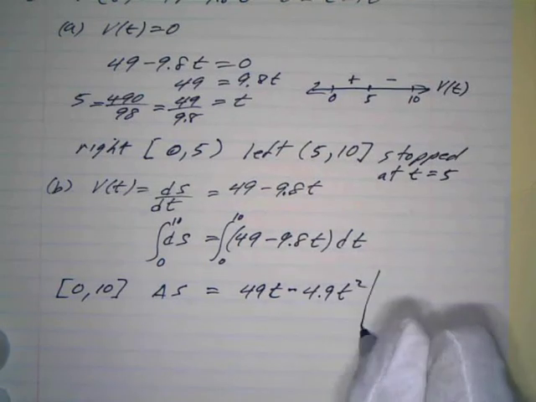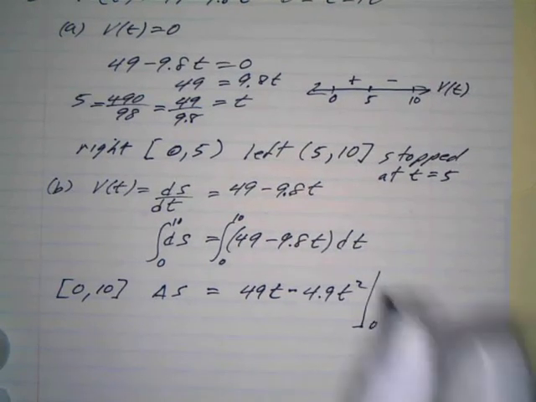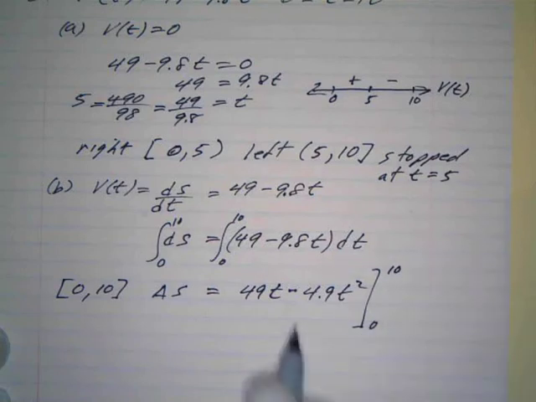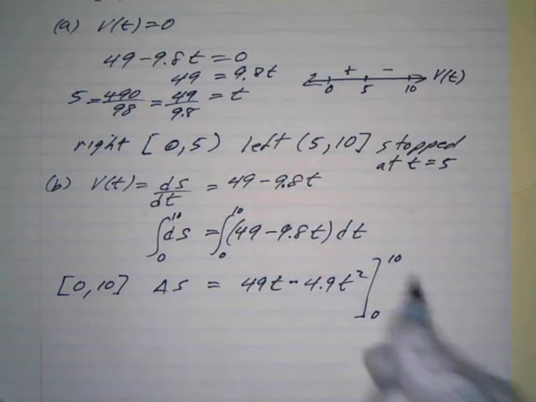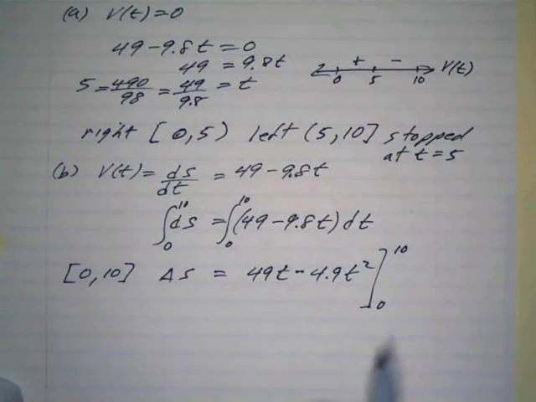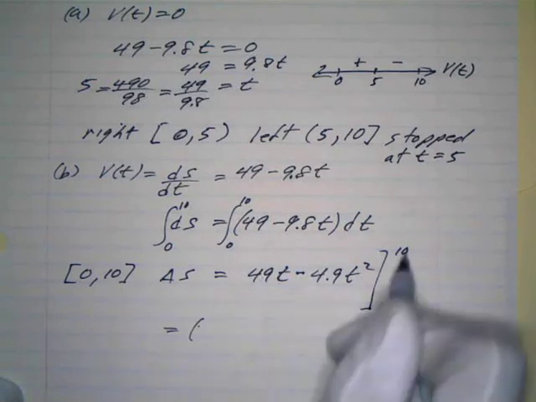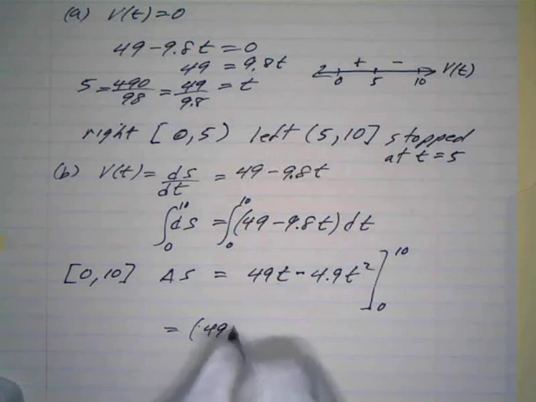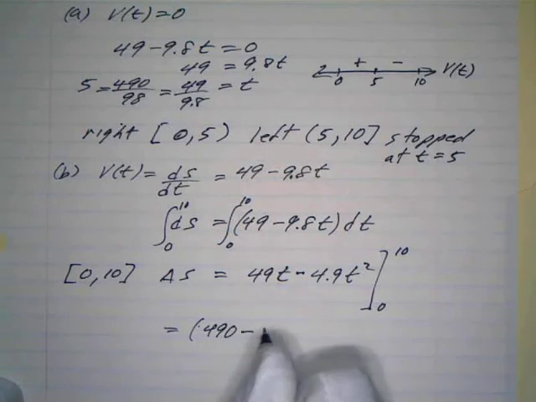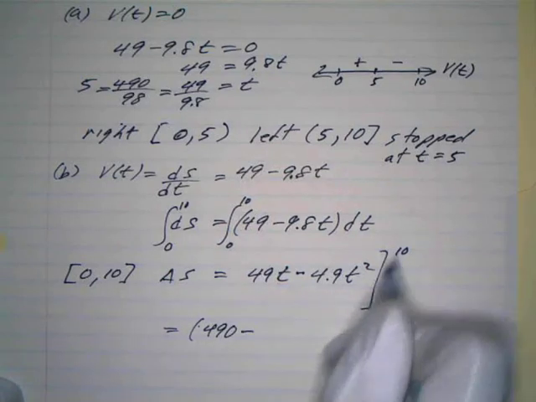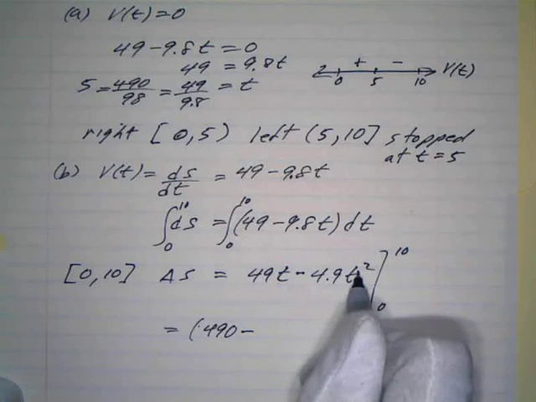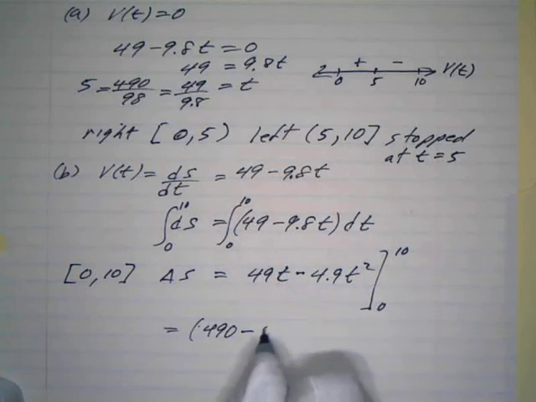And this is the integral I want to evaluate from 0 to 10 using the second fundamental theorem of calculus. That's my f of b minus f of a. So when we evaluate this at 10, we get 49 times 10 is 490 minus 4.9 times 10 squared. Well, what's 10 squared? That's 100, so that's going to be 490 minus 490. So that's just going to be 0.